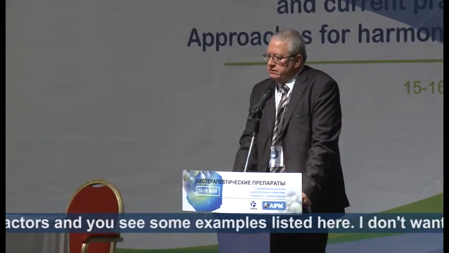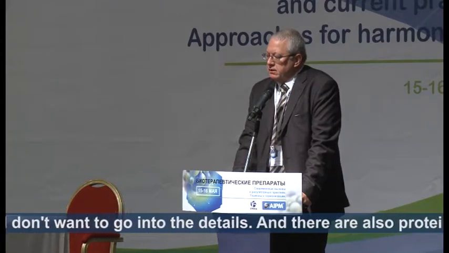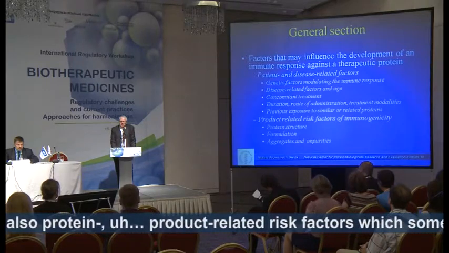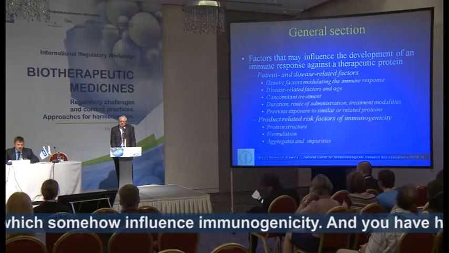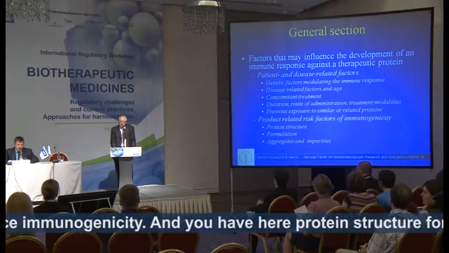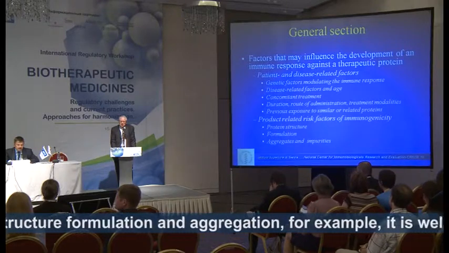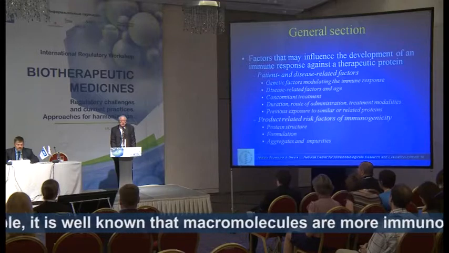There are patients and disease-related factors, and you see some examples listed here, and I don't want to go into the details. And there are also product-related risk factors which somehow influence immunogenicity. And you have here protein structure, formulation, and aggregation, for example.